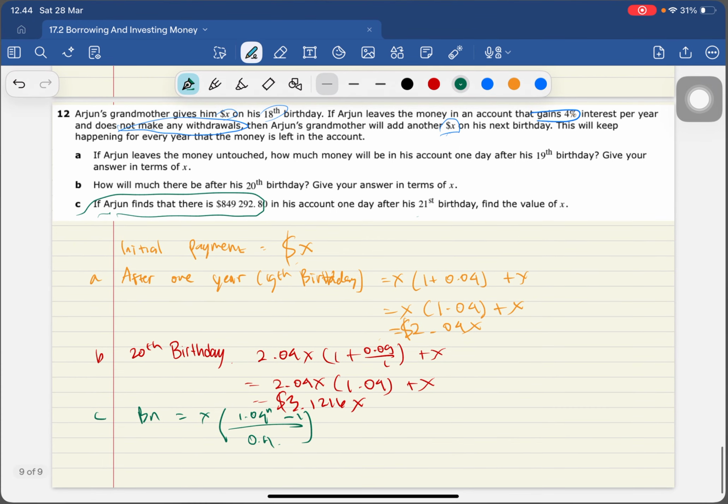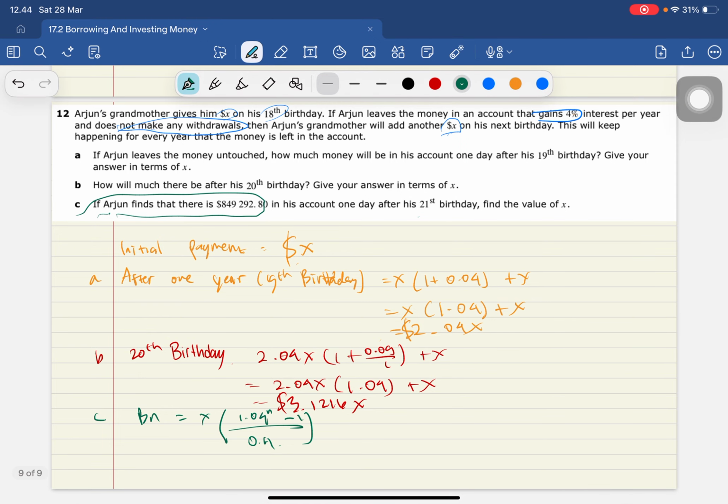The target money that we know is 849,292.8.